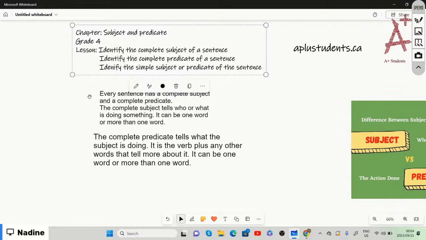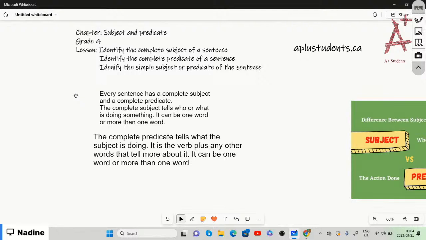So, subject and predicate, right? Within a sentence, in order to form a complete sentence or complete thought, you need to have a subject as well as a predicate, right?